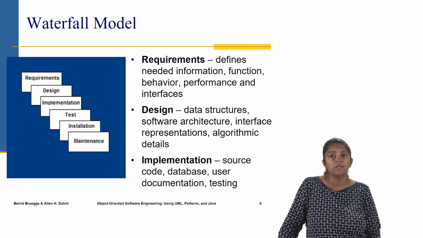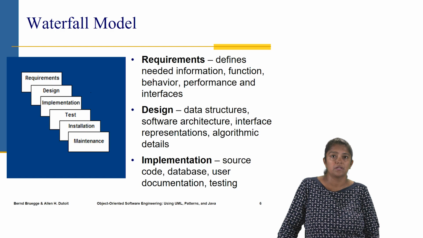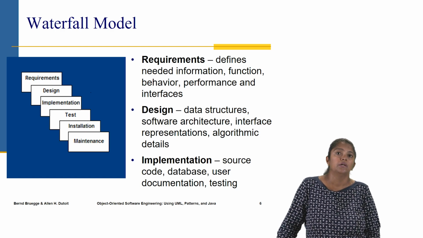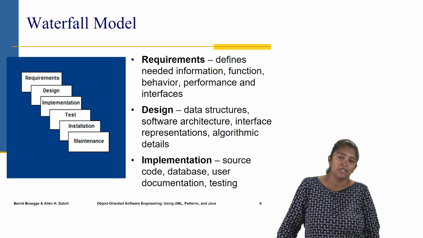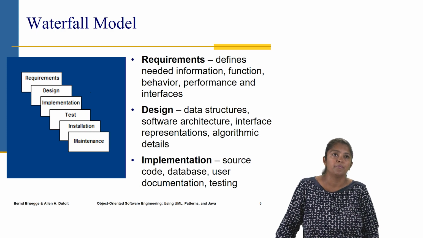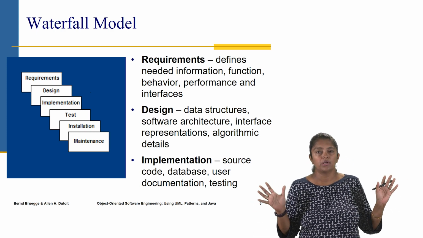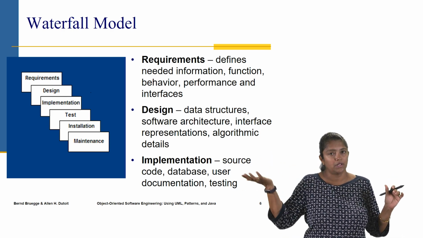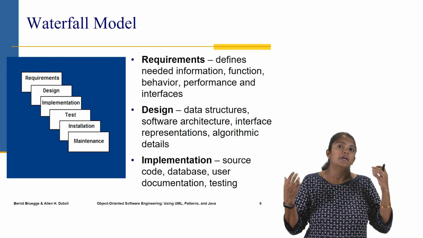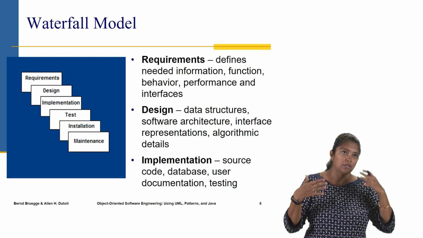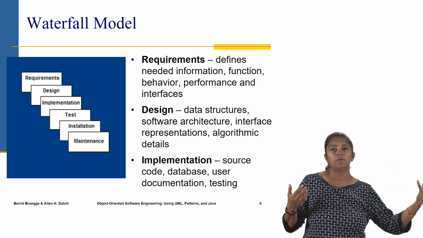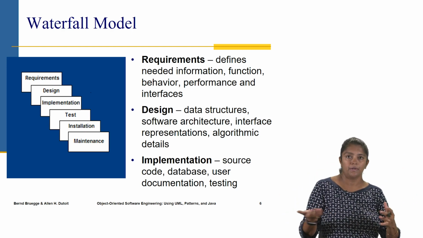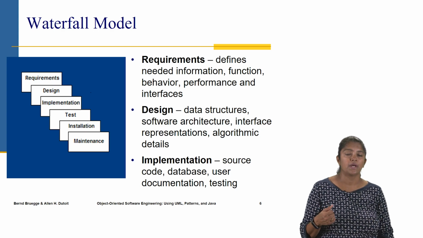So we'll look at the different models that are out there, and we'll start with the most traditional one that came out. And again, we'll see that there are two categories of models. There are linear models, which is what we started out with in the 70s and 80s, and then slowly things evolved, and we got into more of the iterative models, and you will see that progression as I go through these different models today.